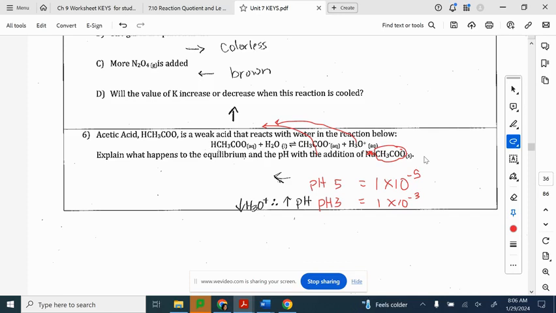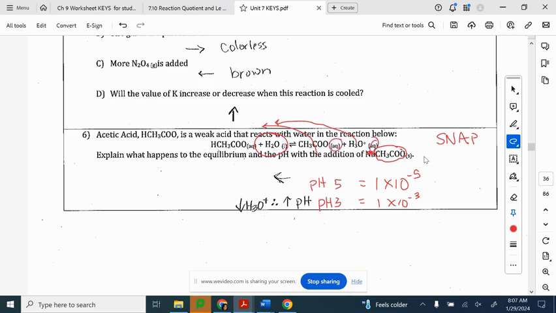Because now you've got more of this stuff, so that's going to pull this direction. And the sodium is still floating around in there, but it's soluble in water, which we're in, aqueous.